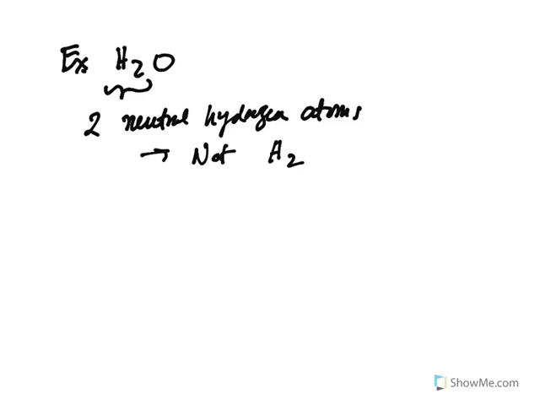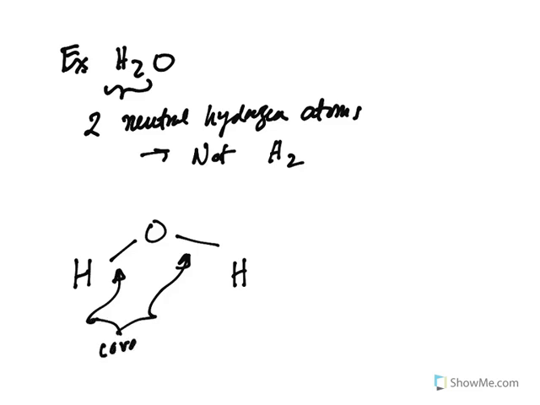So if I were to draw a picture that gives us an idea of what atoms are connected to one another, I would draw a picture that looks like this, where each one of these lines represents a covalent bond with two electrons being shared.